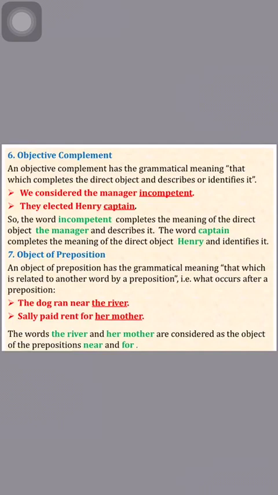The last one is what? The last one is the object of the preposition. Where do we find the object of a preposition? In prepositional phrases. What are the components of prepositional phrases? It starts with a preposition followed by a noun phrase, noun substitute, or even a pronoun. So the word that occurs after the preposition is called the object of a preposition.